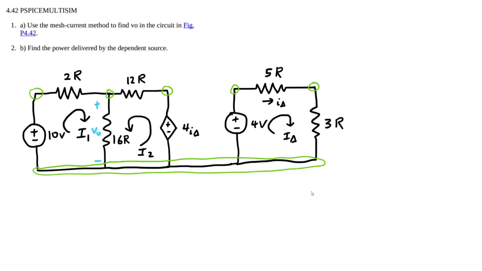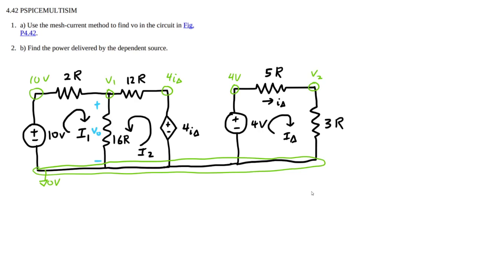I'll just call this ground, just in case it comes in useful later. So 10 volts, E1, and this will be 4I delta. And then 4 volts. And this one we can calculate pretty easily, but I'm not going to worry about that unless we need it, which we won't.